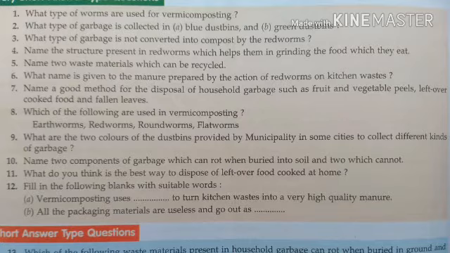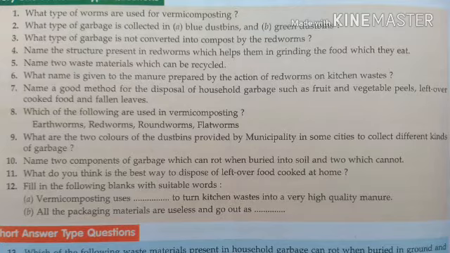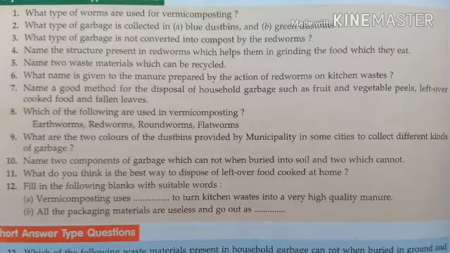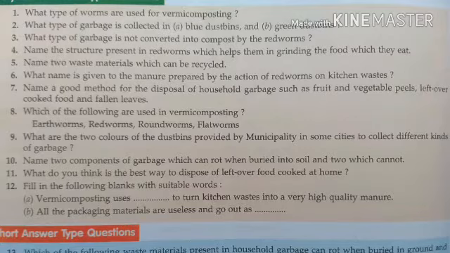And the second kind is non-biodegradable material like plastic, metal as well as glass. Next, what do you think is the best way to dispose of the leftover food at home? That is making compost of it.